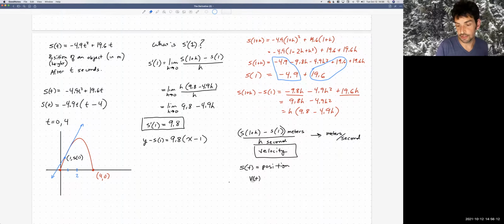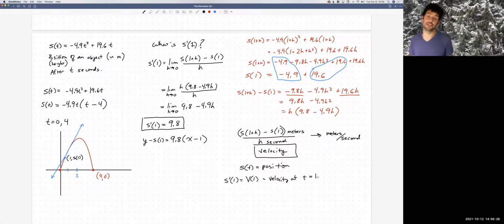Sorry, let me say this a little differently. If s of t is our position, then s prime of 1, we might say, is v of 1, the velocity at t equals 1, right? Or we could compute it at another point and get a velocity at a different point, okay?